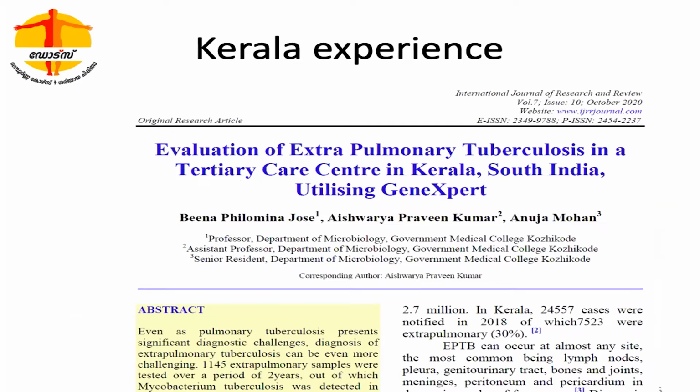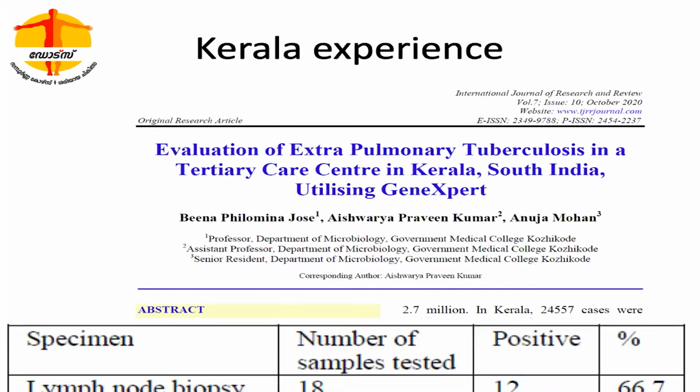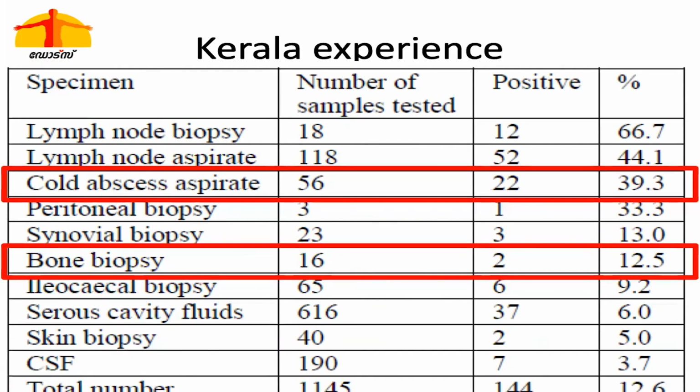What is our experience in extrapulmonary tuberculosis utilizing GeneXpert? This is done by Beena Madam et al. from Calicut Medical College, and it suggests that the cold abscess aspirate will have a sensitivity of around 40%, but the bone biopsy specimens are yielding less, to the tune of 12.5% or so.